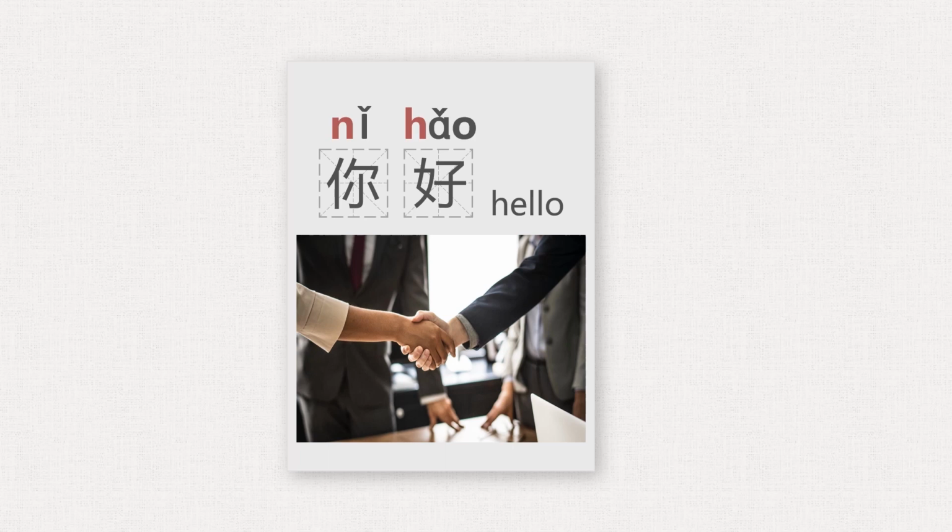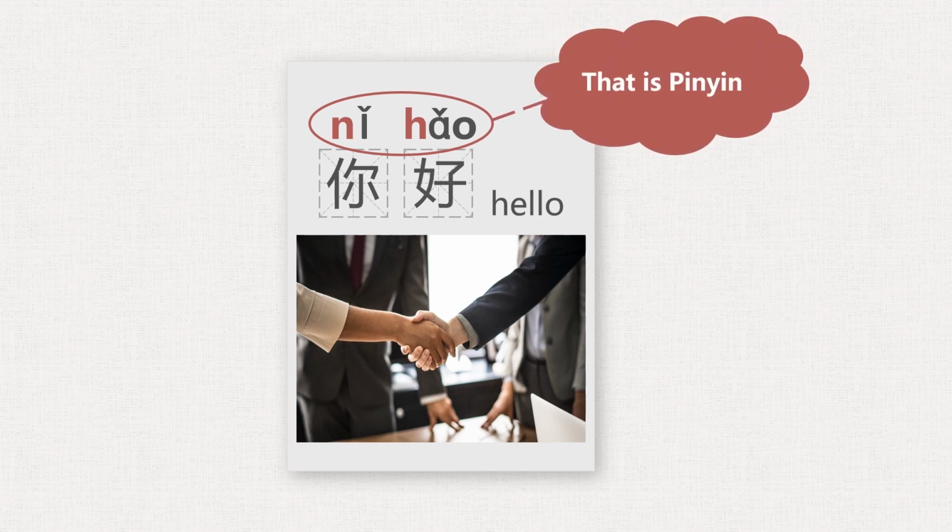So we use Latin letters to indicate the pronunciation of Chinese characters. That is Pinyin. In other words, if you learn Pinyin well, even if you don't know any Chinese characters, you can speak Chinese. With the help of Pinyin, you can also read and type Chinese characters, look up words in the dictionary, and so on.